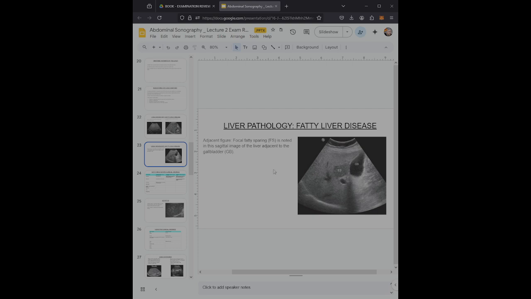Although both of these may mimic solid masses, they will not produce any mass effect. As you can see, the gallbladder is quite distended, there's no mass effect pressing on its walls, and there's no distortion of its anatomy.